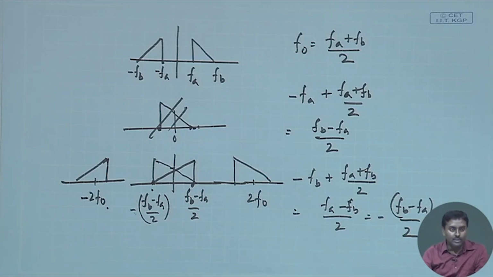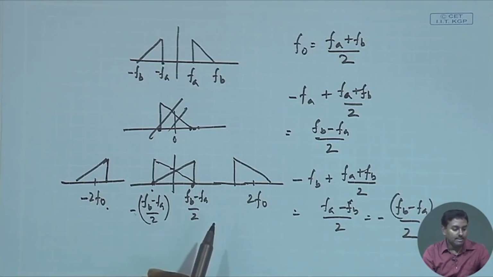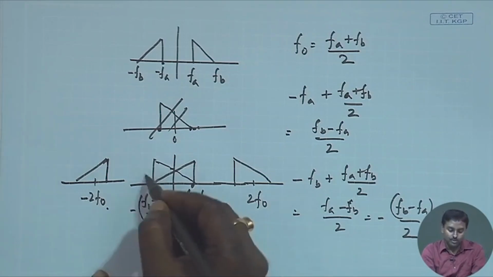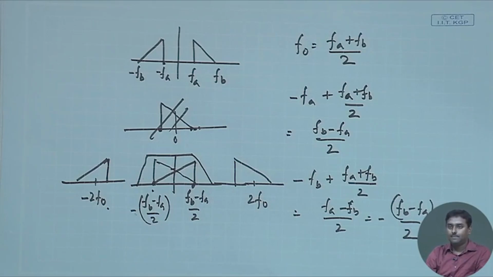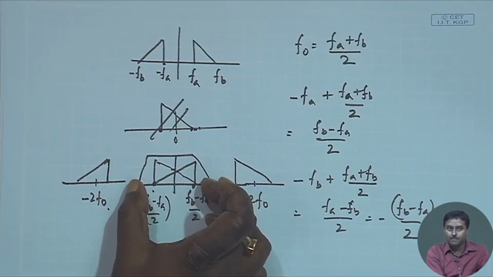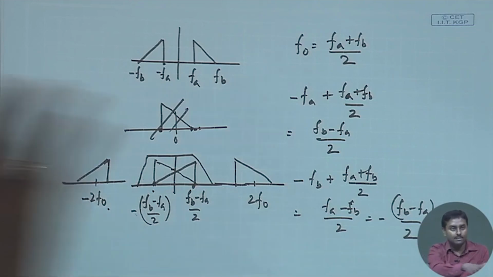Now, the filter he has designed is such that the filter cutoff frequency is this fb minus fa by 2. So, that means he is trying to take this portion. That is the only meaningful information he will be requiring. So, he is just taking this portion after the filter. Once he takes that, then he does the rest of the things.